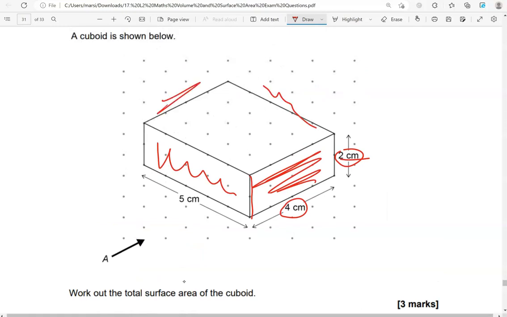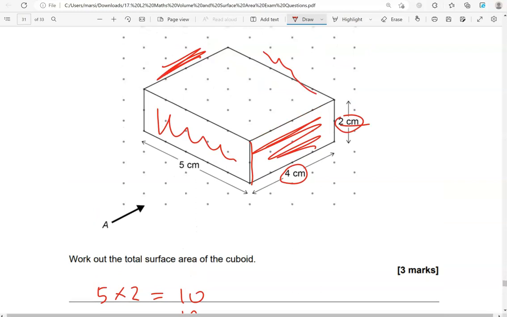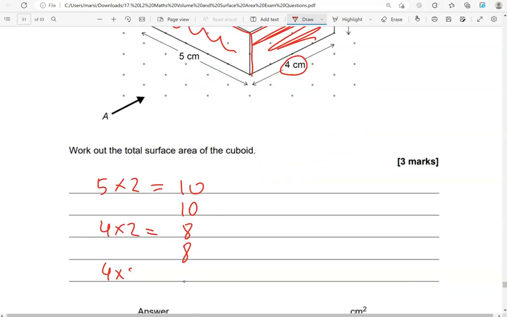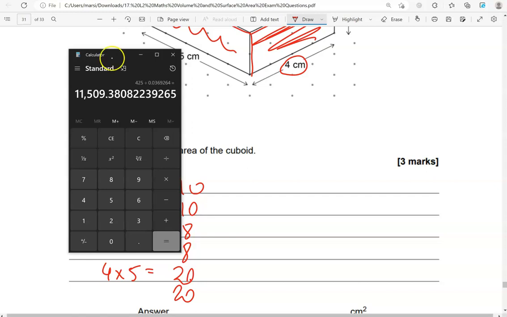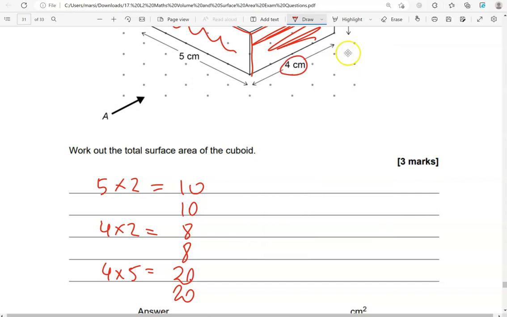And of course this one here will be 8 as well. And the top one we can work out by doing 4 times 5, which is 20. And then the base as well will be the same. So adding all of these together, 10 and 10, which is 20, and the 8 is 28, and the 8 and 20 and 20 gives us 76.